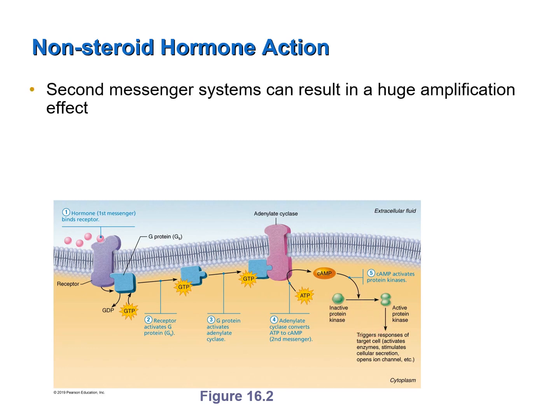I want to convey to you that a second messenger system such as this can have a huge amplification effect. Even though one hormone molecule only binds to a receptor for, say, milliseconds, it can result in literally a million products being produced from just that binding of one molecule for a brief period of time.